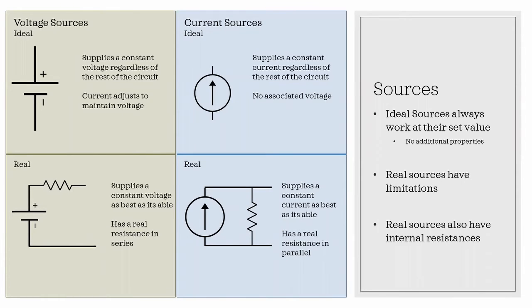So an ideal voltage source will adjust the current it sends out in order to keep voltage across its terminals constant. And this is different from the ideal current source, which simply sends out and maintains that current across its terminals regardless of what else is happening. So the first big difference between the real and ideal sources is the limitations of the source device.